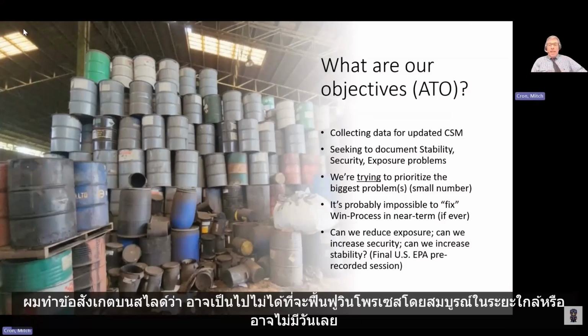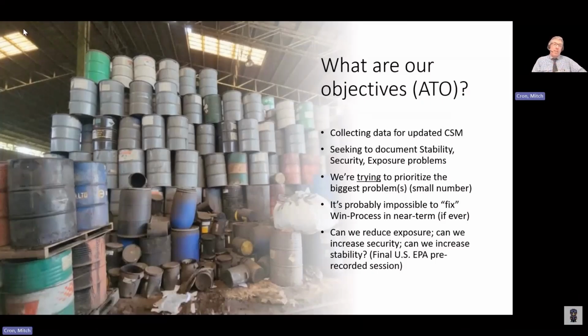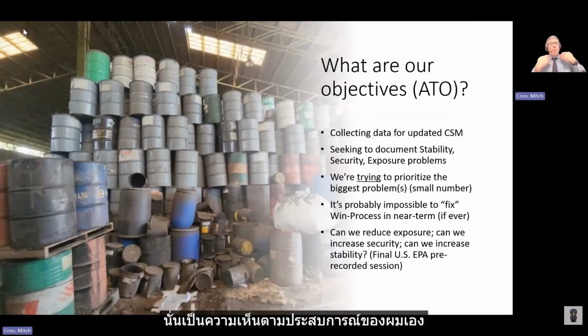I make a note on the slide, it may be impossible to completely remediate wind process in the near term, or maybe ever. You may never be able to restore wind process to a pre-contamination condition. That's an opinion based upon my own experiences in contaminated site management.